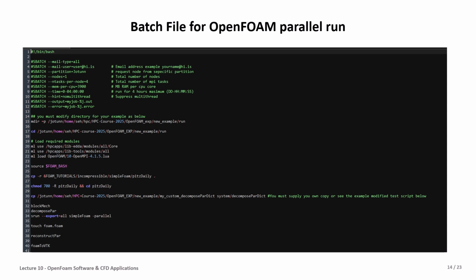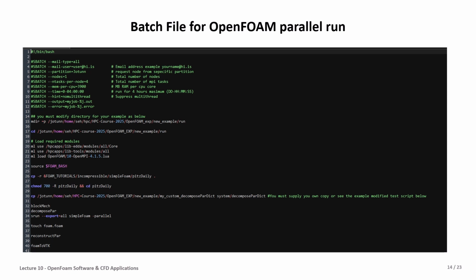Then we run the simulation, which is based on simple form in parallel. With the command of the torch form, it will create the result. The reconstruct part also, we reconstruct the domain based on what we made in the decomposition.